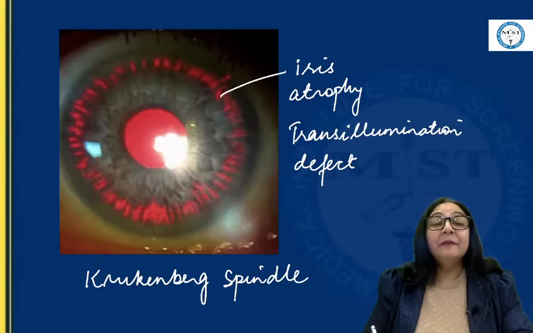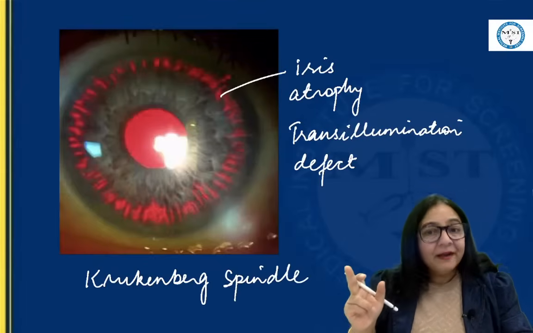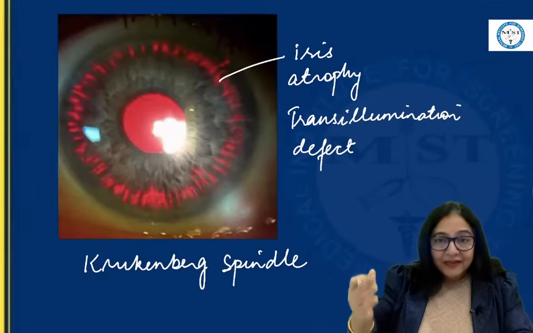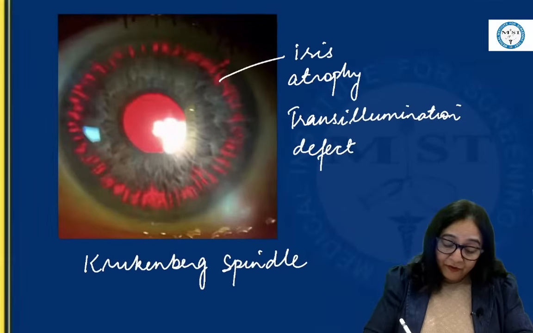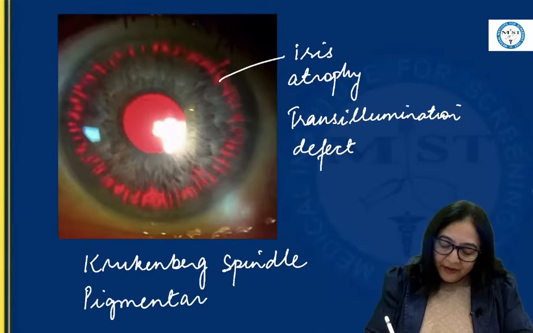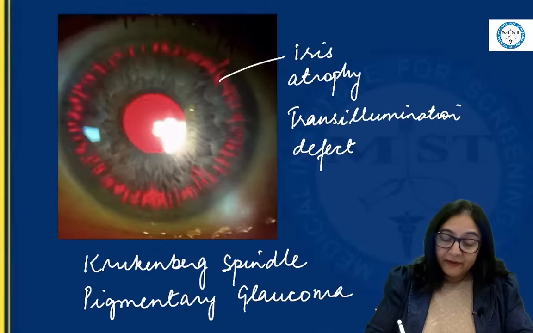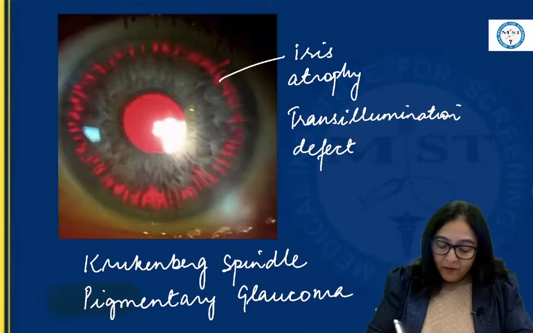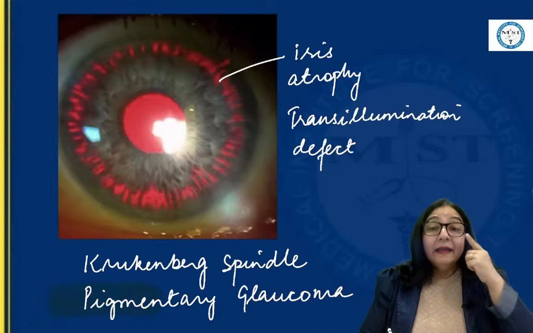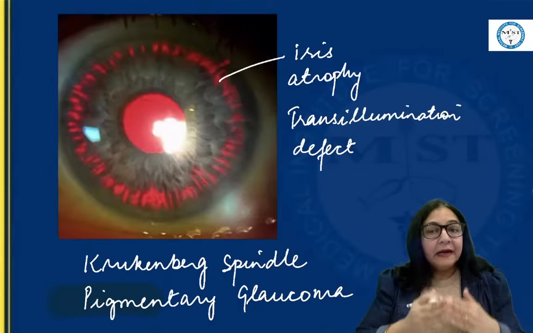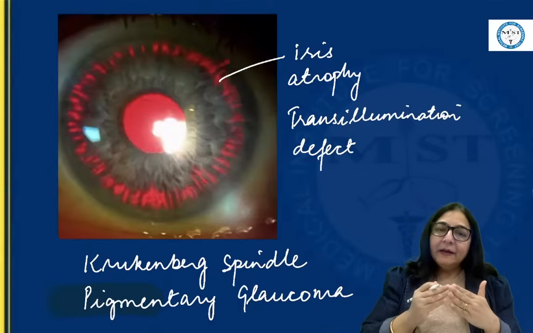When pigment gets deposited in the trabecular meshwork, it leads to an increase in intraocular pressure. That is why this condition is called pigmentary glaucoma. Pigmentary glaucoma is more common in the younger age group, especially in younger males.